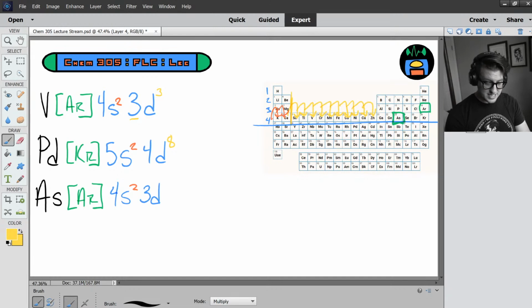We cross through the entire D block, so this will be 3d10. But now get this. We've got to cross from the D block into the P block again. And when we do, we have to go 1, 2, 3 spaces in. Something to keep in mind, the P block that you're filling will always be at the same level as the S block that you're filling. So this will be 4p3.